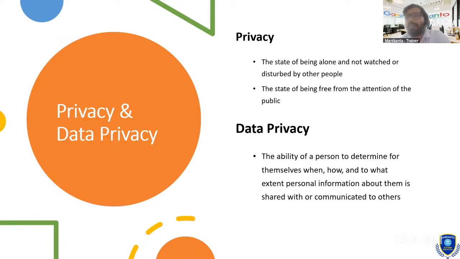But data privacy means the ability of a person to determine for themselves how, when, and to what extent personal information is to be shared or communicated to others. So he is the one who has to decide, or the company has to put a comma or full stop at what level of information someone gets collected, processed, and stored.